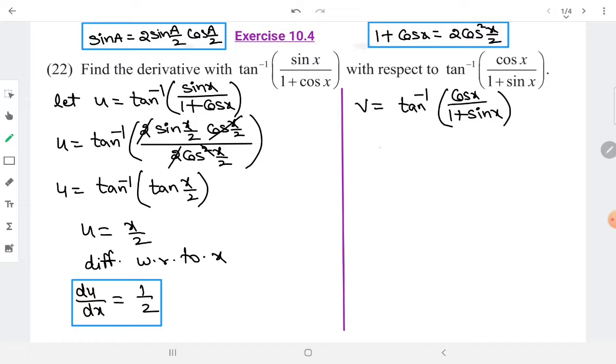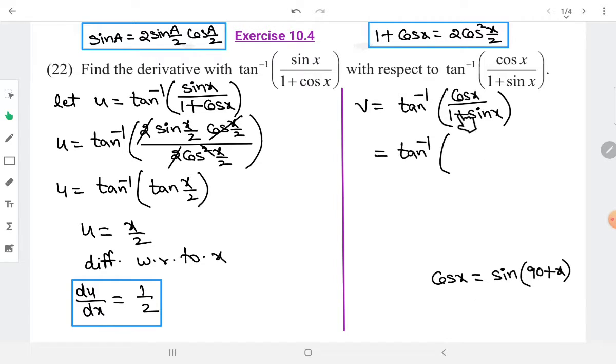To simplify, tan inverse of cos x. We know the cos formula. Cos x is nothing but sin 90 plus x. We have seen this in trigonometry: sin 90 plus theta is nothing but cos theta.